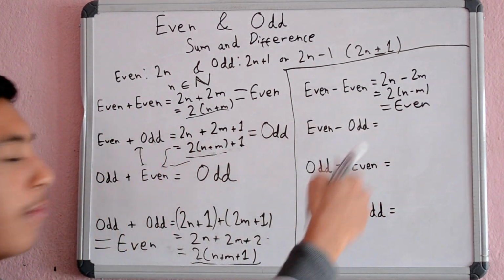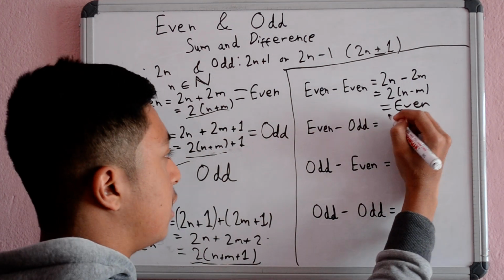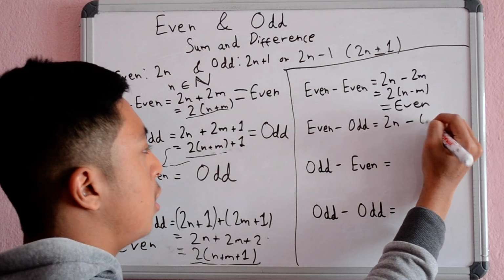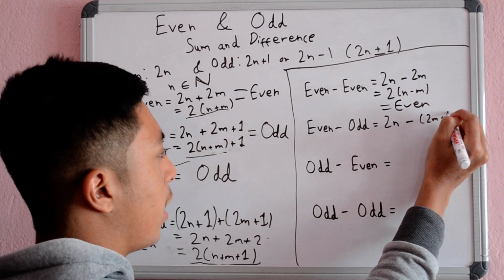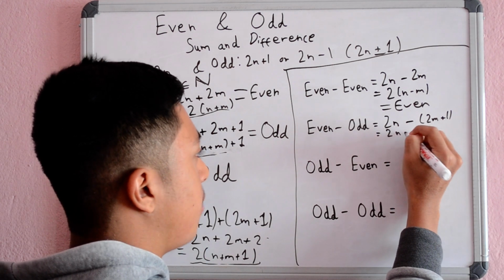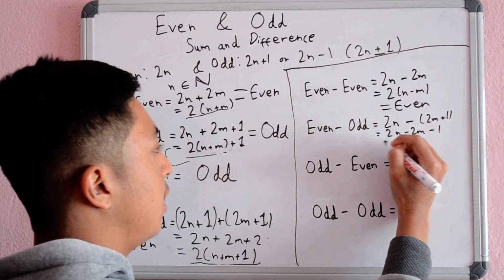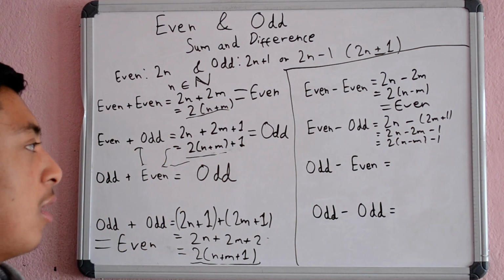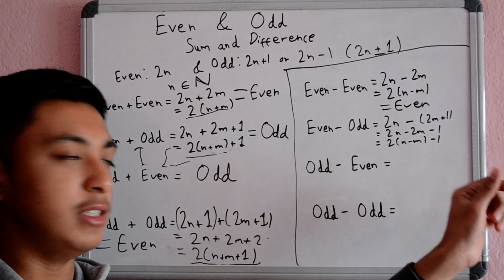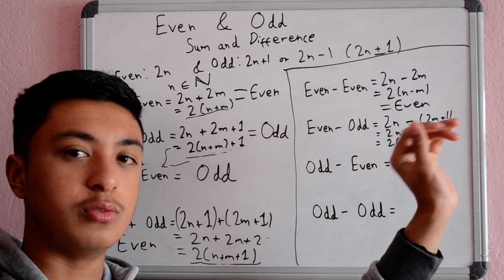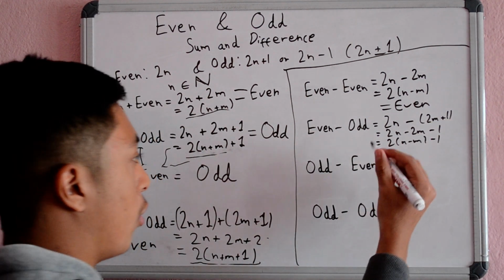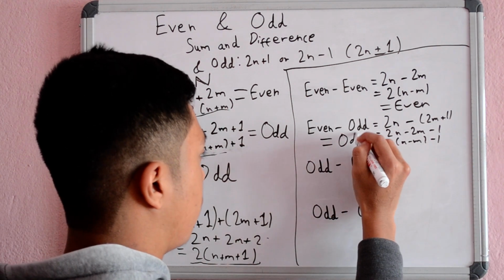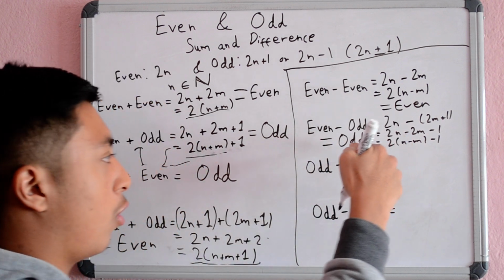Now even minus odd. So it is 2n minus, 2m plus 1. So it is 2n minus 2m minus 1. So 2 times n minus m, minus 1. Now this 2 times something makes it even. Even minus 1 means it's odd. So this is an odd number.